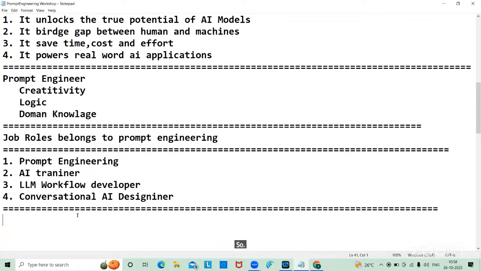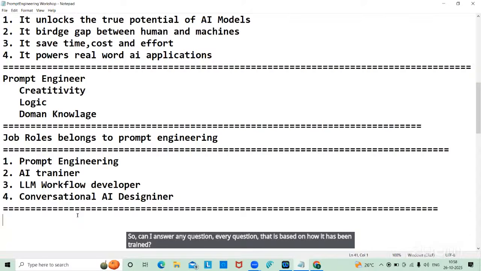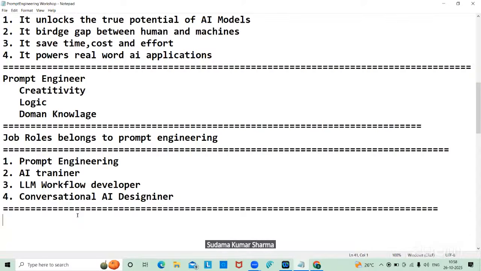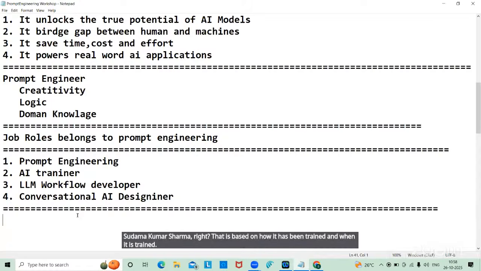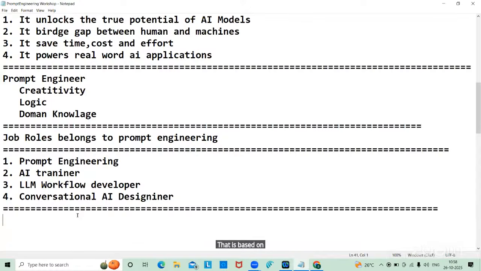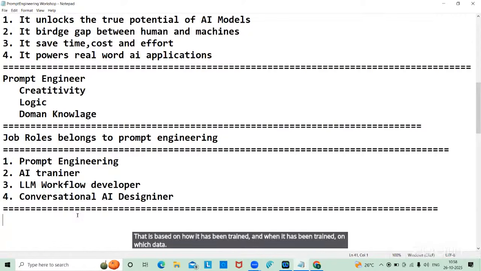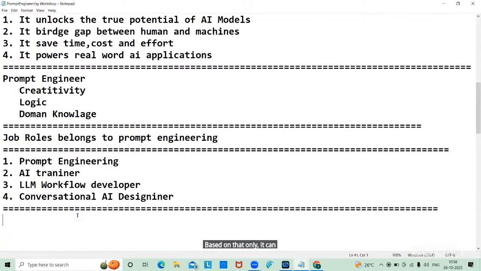Can AI answer every question? That is based on how it has been trained, and when and on which data it has been trained. It has been trained on massive data from different sources.